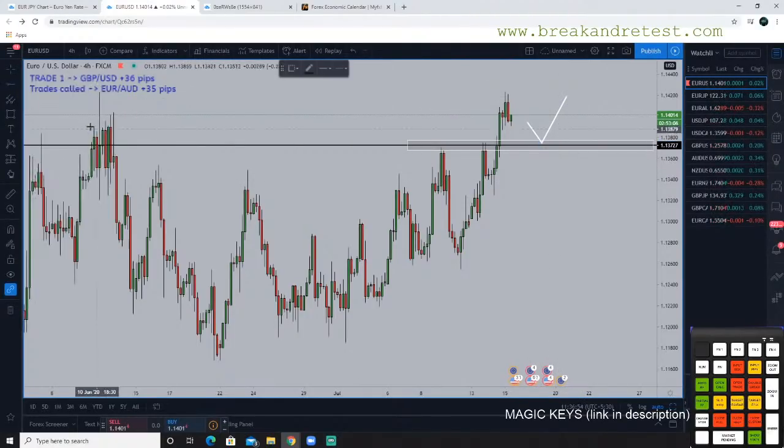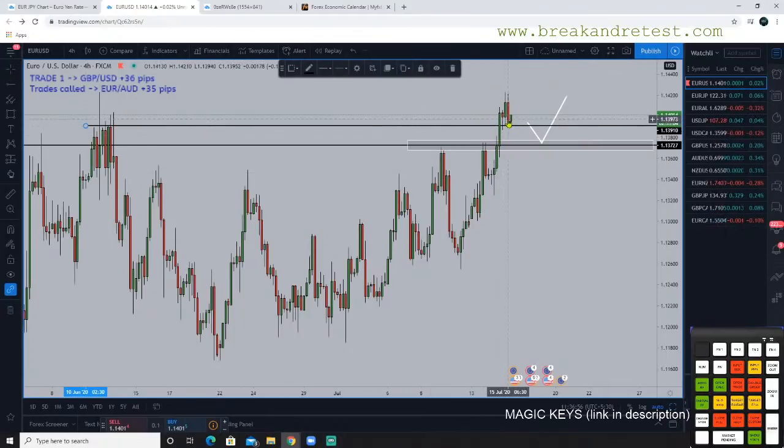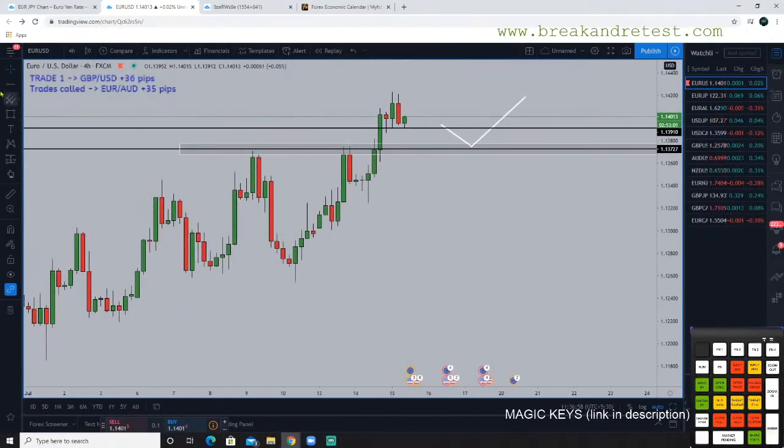But for the 4-hour level here, I think the move was already done. You can see the breakout here, you can see the retest and the move to the upside. Now rejected 2 times on the 4-hour, created a small minor zone here. We'll have to wait and see if it does come lower for a retest.